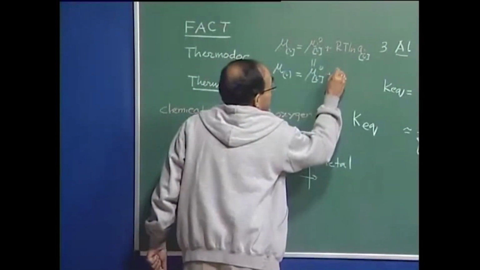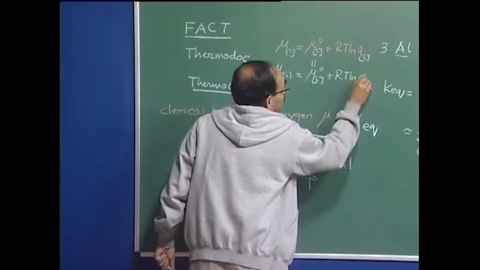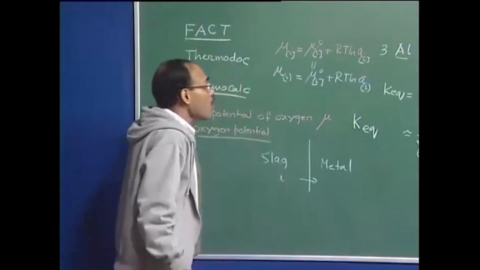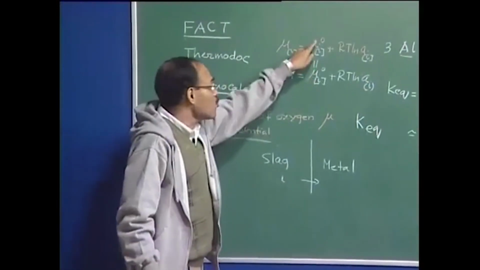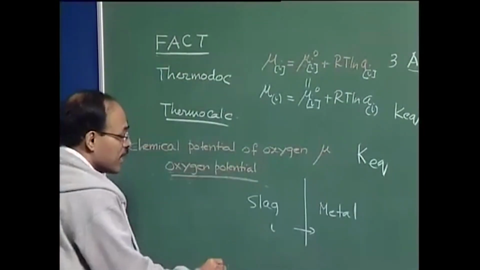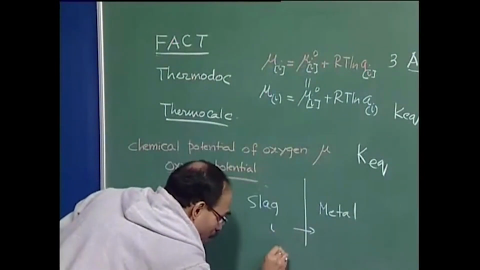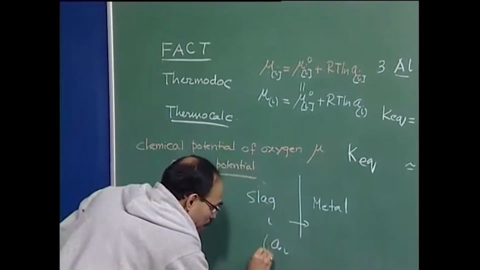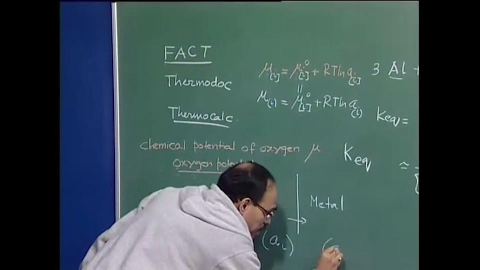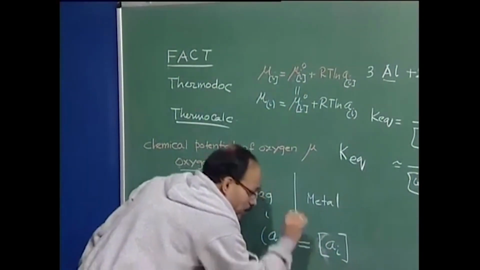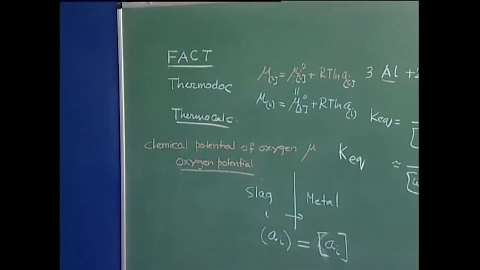Then we can write RT ln of the activity of i in the slag phase. Since the standard terms are assumed identical, equality of chemical potential implies that at chemical equilibrium the activity of i in the slag phase is exactly equal to the activity of i in the metal phase. That is the essential condition of chemical equilibrium.